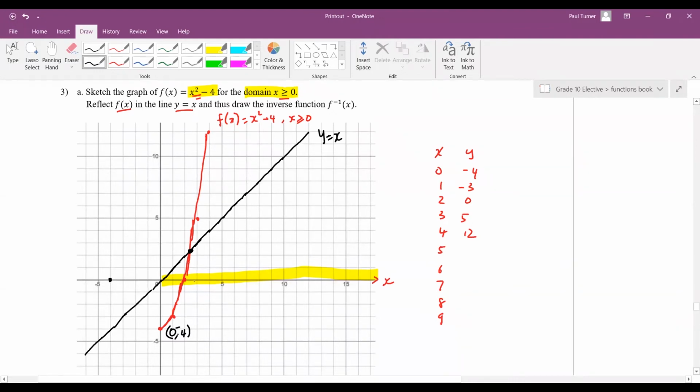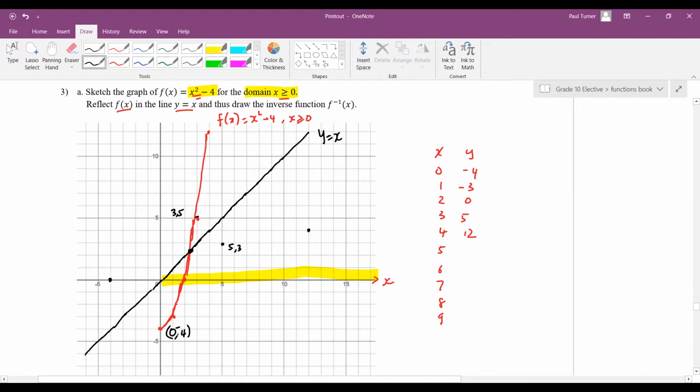And what did we have here? We had 3, 5. And 3, 5 becomes 5, 3 here. We had 4, 12 becomes 12, 4, here.